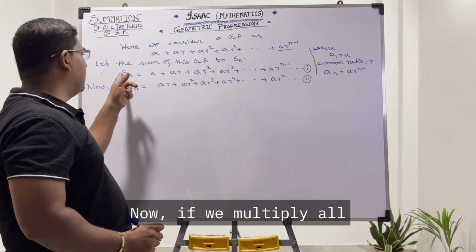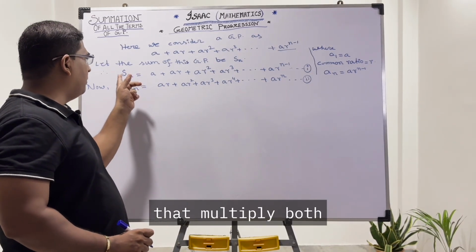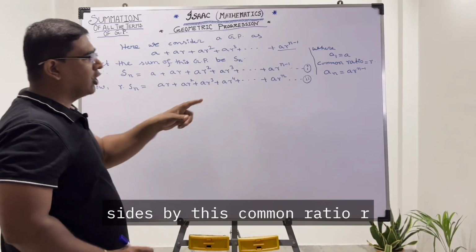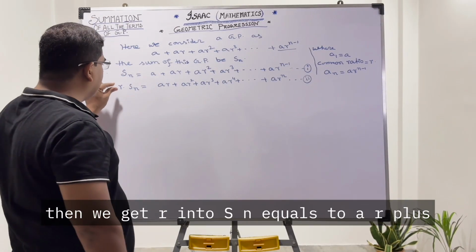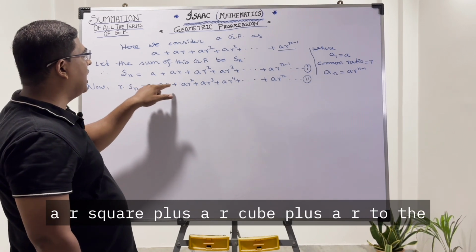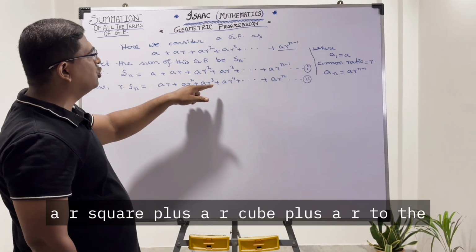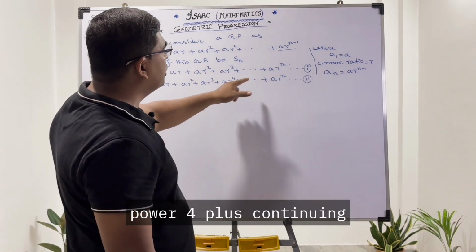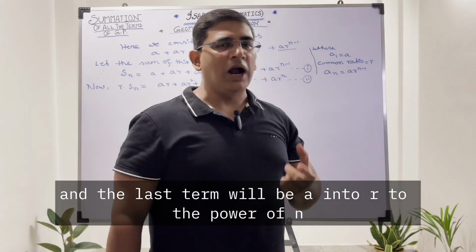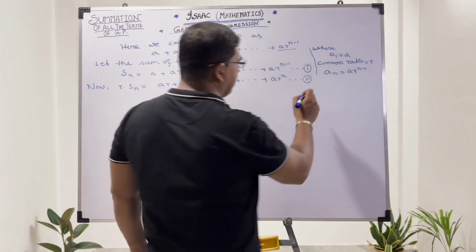Now if we multiply both sides by this common ratio R, then we get R into Sn equals AR plus AR squared plus AR cube plus AR to the power 4 plus continuing, and the last term will be A into R to the power of n.